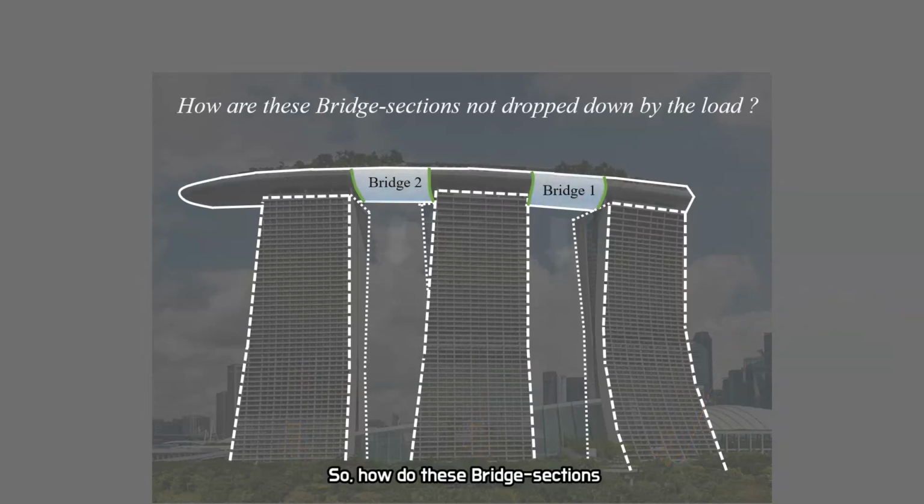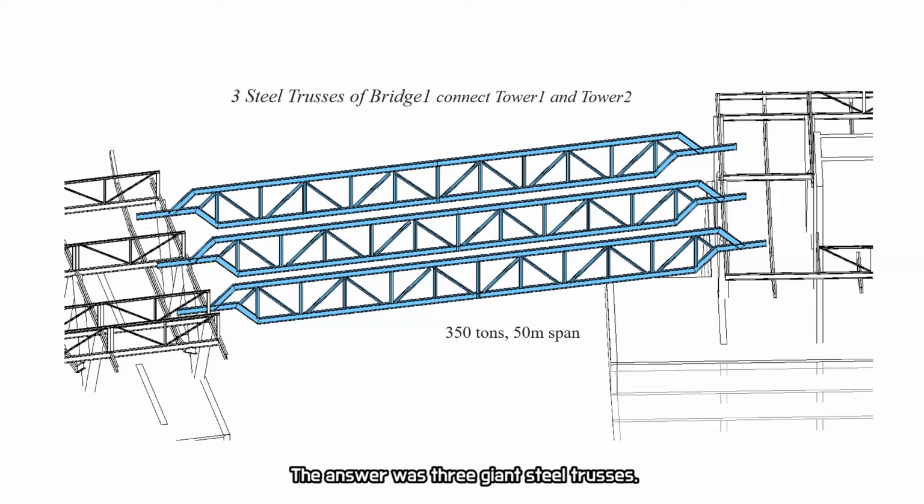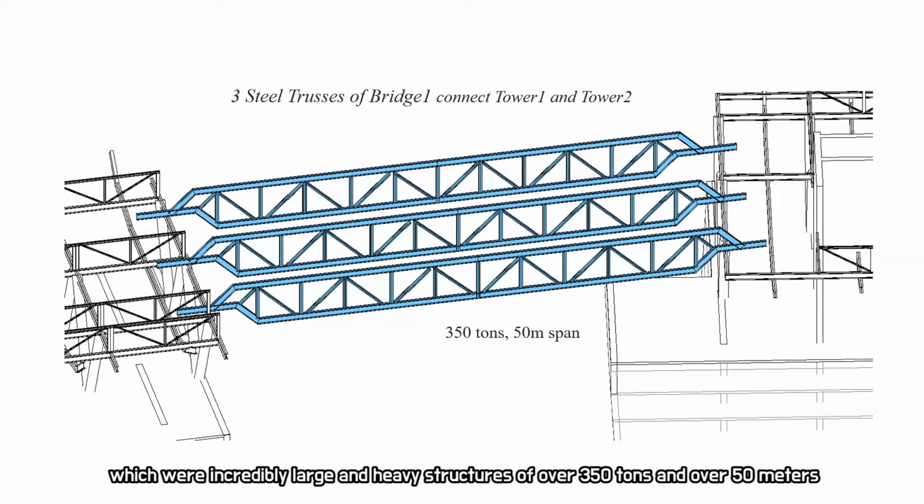So, how do these bridge sections, which seem to be floating in the air, carry loads without falling? The answer was 3 giant steel trusses. The frame of the bridge sections consists of these 3 trusses, which were incredibly large and heavy structures of over 350 tons and over 50 meters.